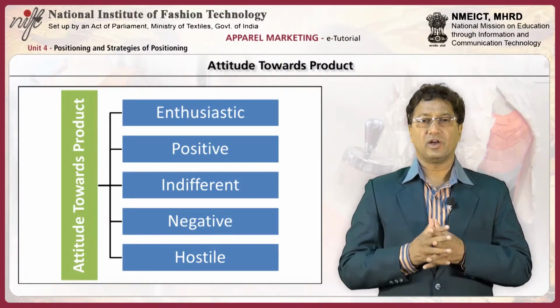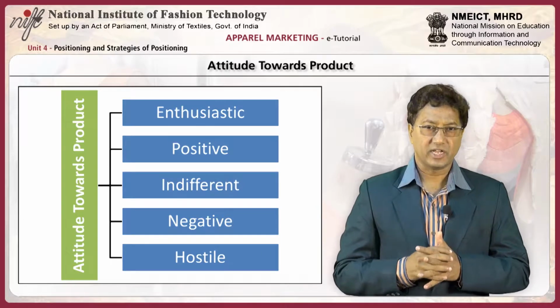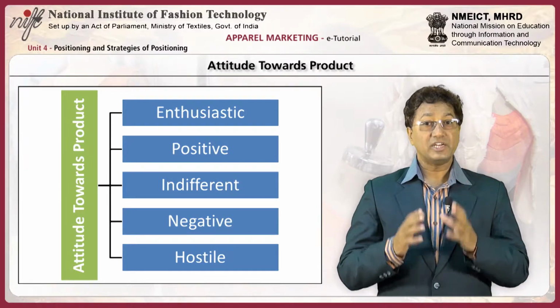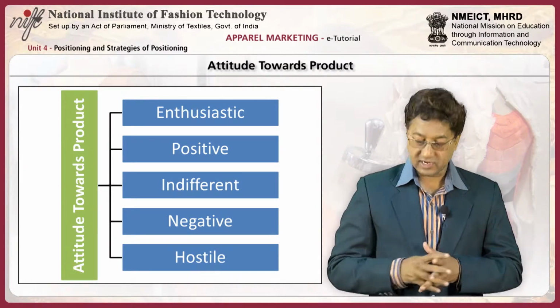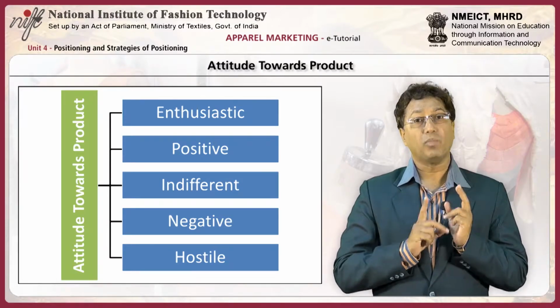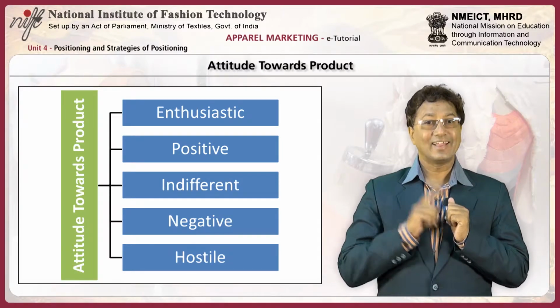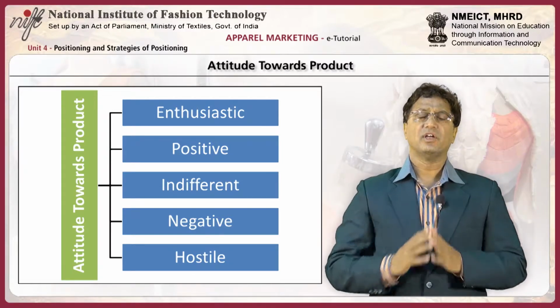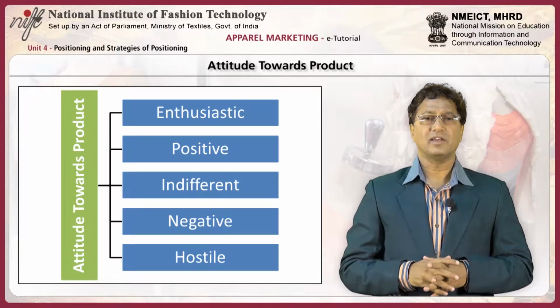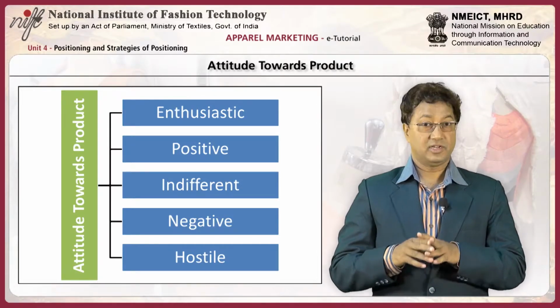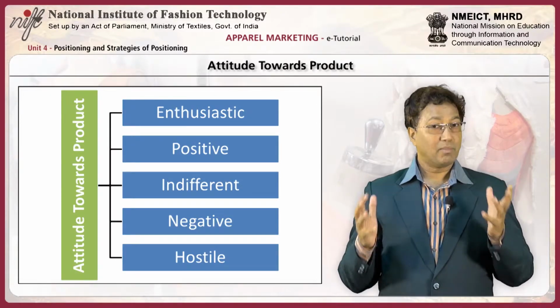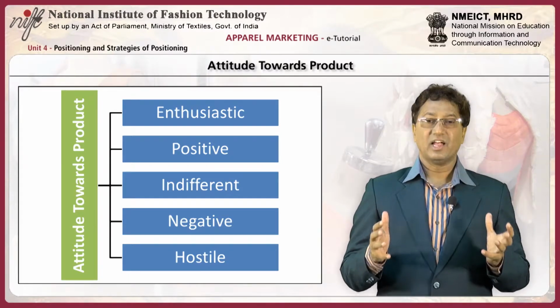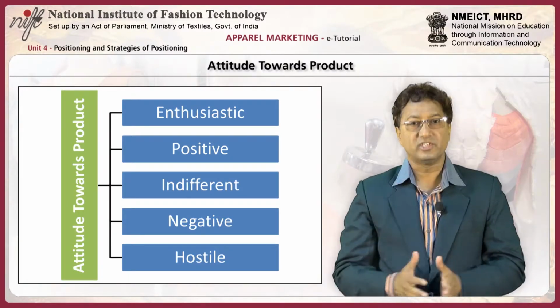The examples now of a classification done on the basis of attitude towards the product are enthusiastic, positive, indifferent, negative, hostile, etc. So these are the four bases of segmentation which a marketer uses, but not all the times a marketer will be clear about his segments based on these.